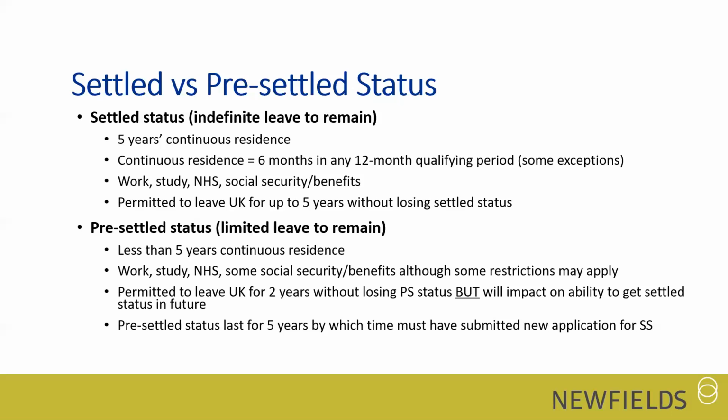Because if we consider that to get settled status, you need to be absent for no more than 6 months in most cases, in any 12-month qualifying period. By being away for 2 years, it's going to be impossible for that individual to ever reach the point where they're able to make a settled status application.